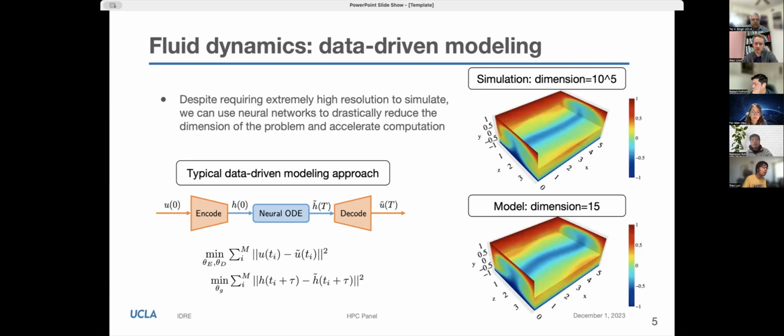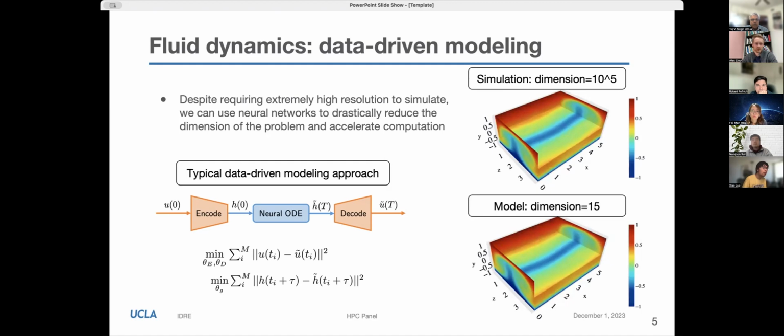You can encode it using an autoencoder to a lower dimensional state representation. And then you can evolve it forward in time with a neural network, which I've written as a neural ODE here. And then you can decode it, expanding the dimension back out into the high-resolution simulation dimension.